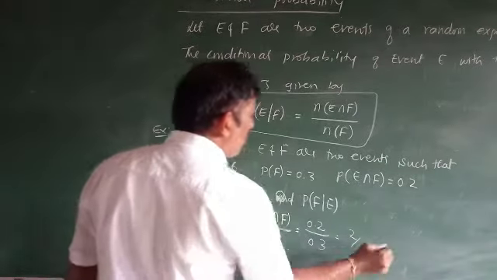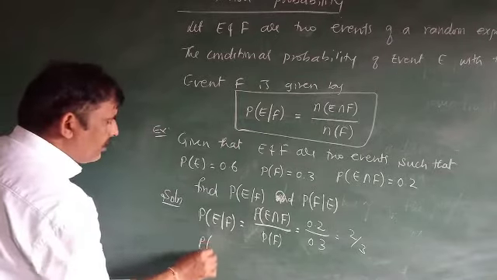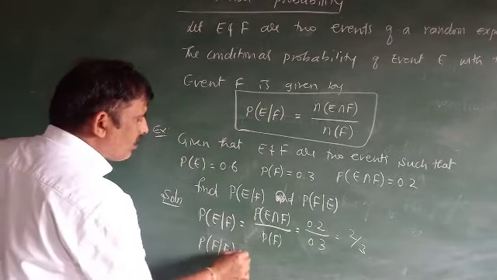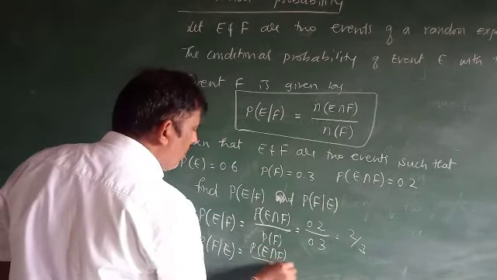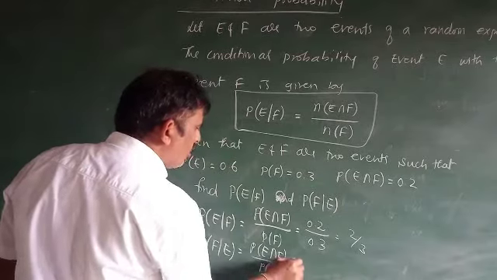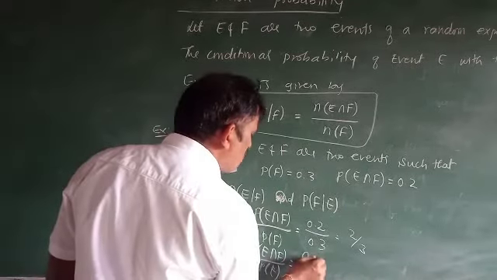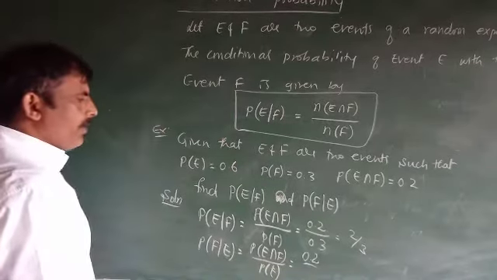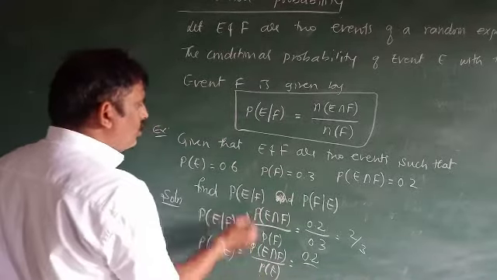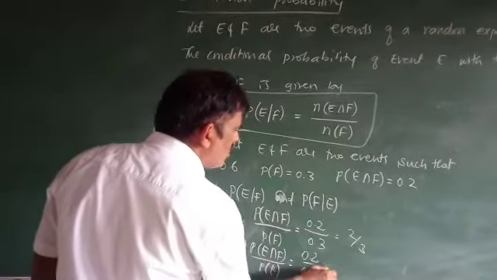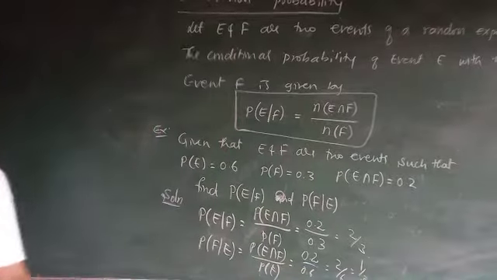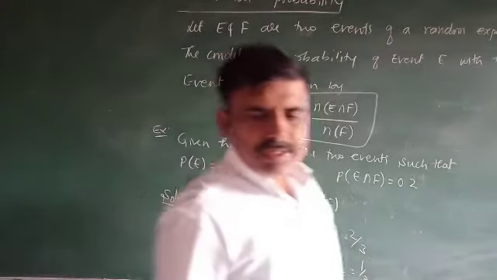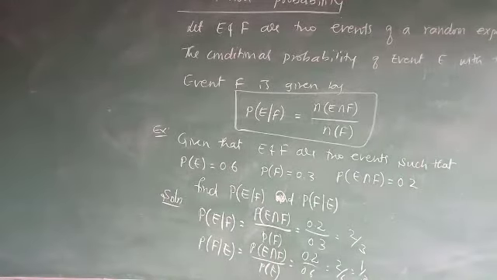Next, probability of F bar E is equal to probability of A intersection F divided by probability of A, which is 0.2 divided by 0.6, equal to 2 by 6, equal to 1 by 3. That is called the conditional probability of the events.